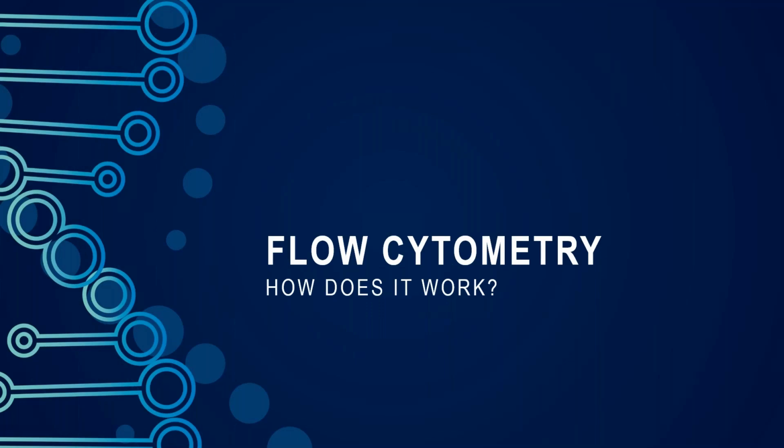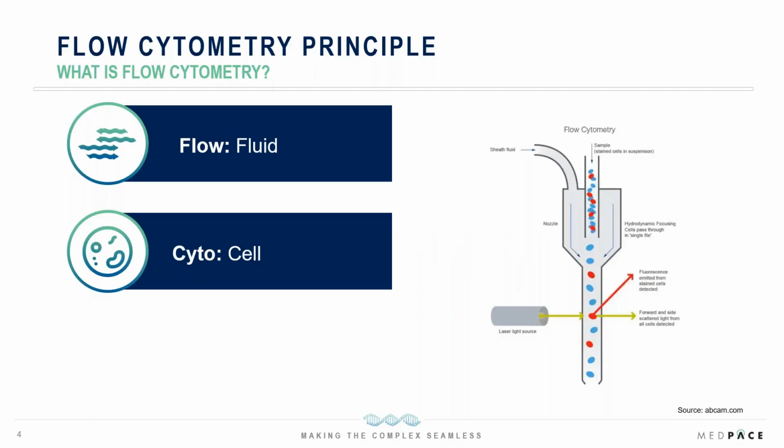So flow cytometry, how does it work? If we break down the words, it's a pretty good way of understanding how it works. Flow in this context means fluid. Cyto means cell. So it's cells in fluid.